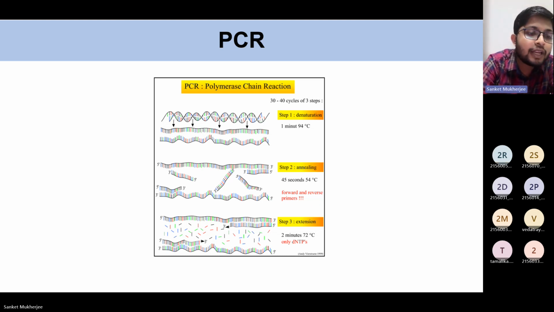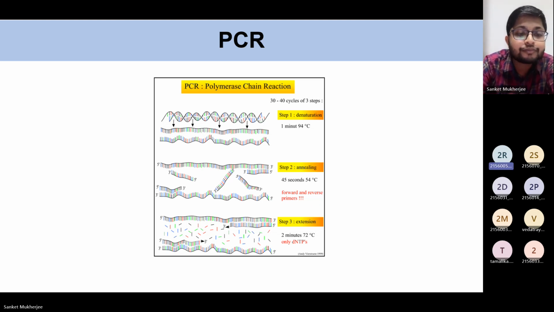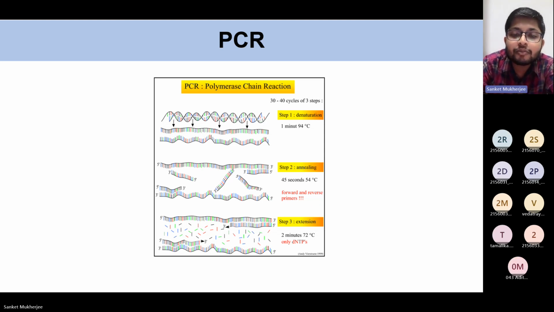Well, then what will happen if we decrease the annealing temperature much lower than the melting temperature? If the annealing temperature is very low compared to the melting temperature, then there will be something we call non-specific binding.